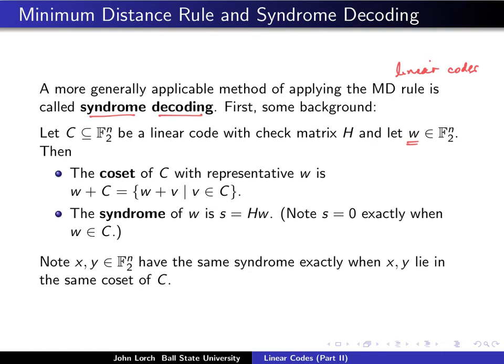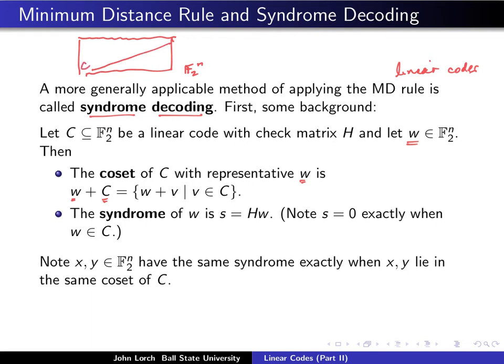Then the coset of C with representative W is all of the translates of these code words by W. So you can imagine F2^n as maybe being this rectangle, so it's everything inside there. And then our code C sits in here, maybe as this line.